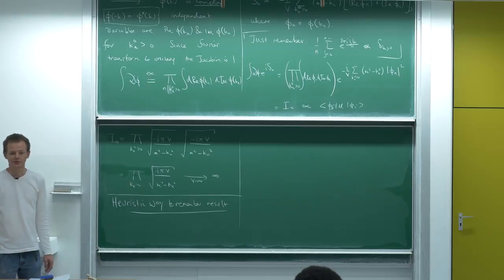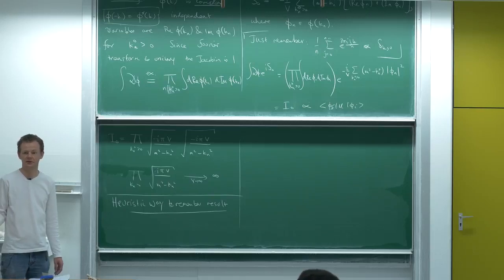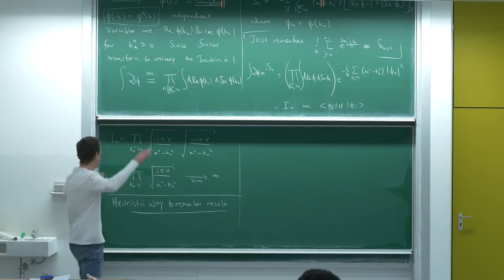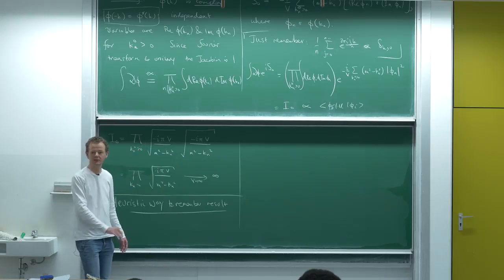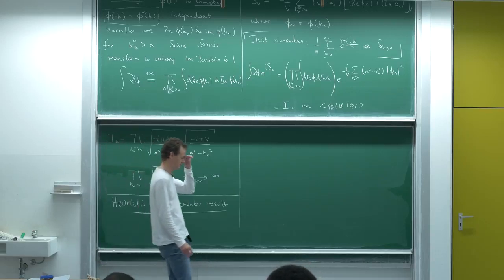I'm a big fan of these heuristic methods because you can focus your energies on the conceptual details at a higher level before you finally dive into the actual technical details. So what's the heuristic way to remember this result?